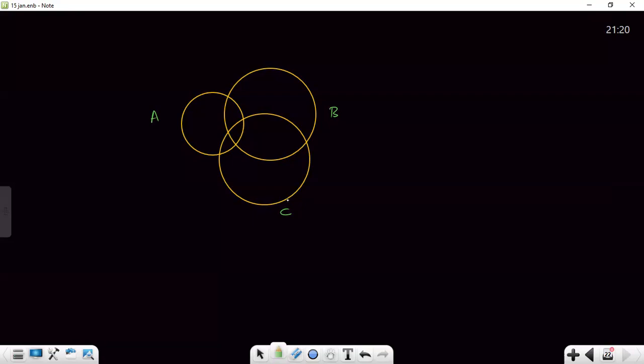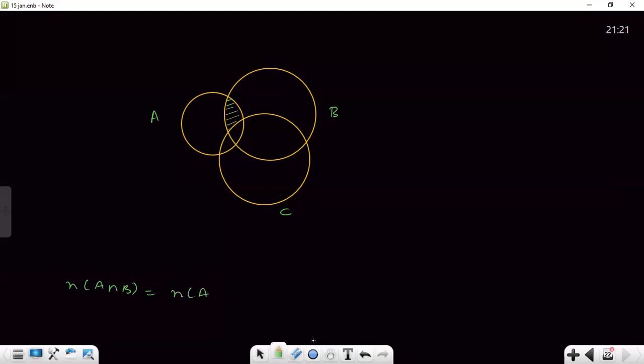So if we have to find out how many elements are there in two sets, let's say in A and B only, like the number of elements in A and B only. So basically what we are talking about is this section. Nothing else than this. So it's simple.